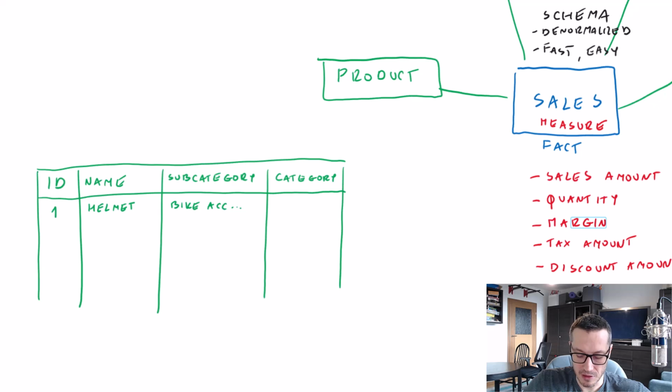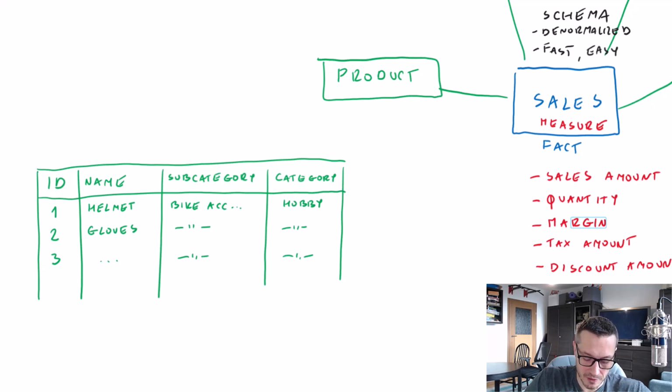Category, I don't know, hobby, maybe, or however it is called inside our system. Then we might have yet another row, maybe some kind of gloves, that are again from bike accessories subcategory and from hobby category. Then we might have yet another product, in the case of which those categories and subcategories values will be the same.